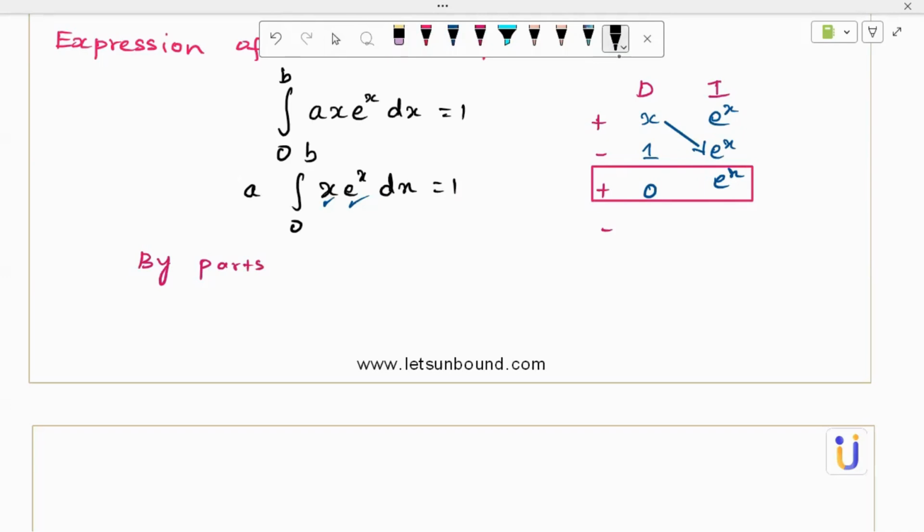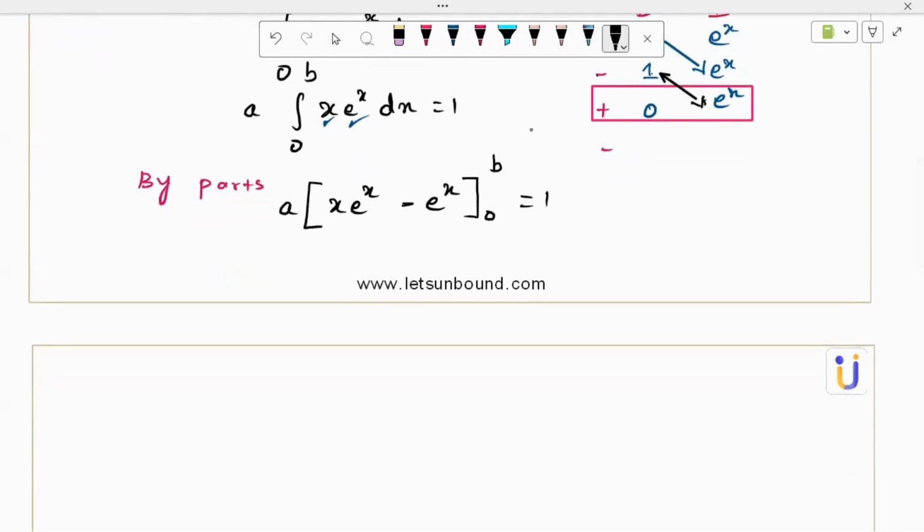Diagonal in this way. So a into, and you can simplify it, x e power x is the first diagonal product, and this sign also you need to include, plus x e power x. Then minus 1 into e power x, which is minus e power x. That's simple. Then 0 to b equals 1.